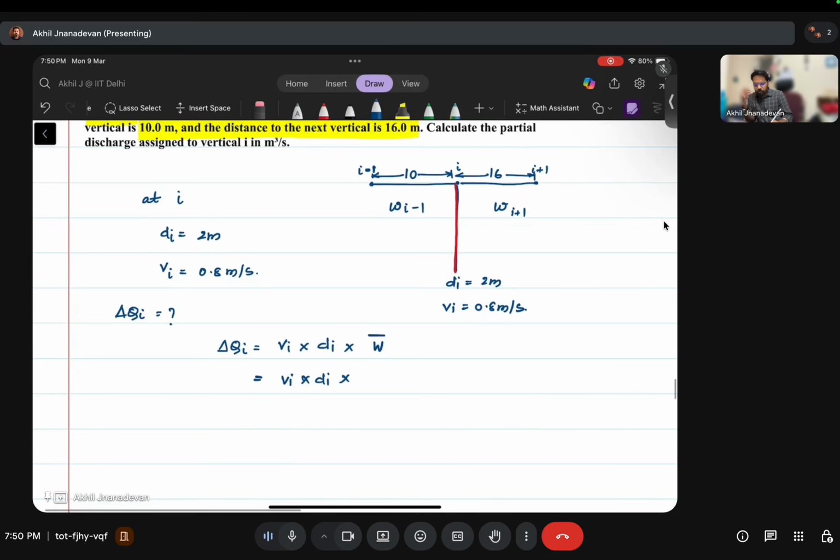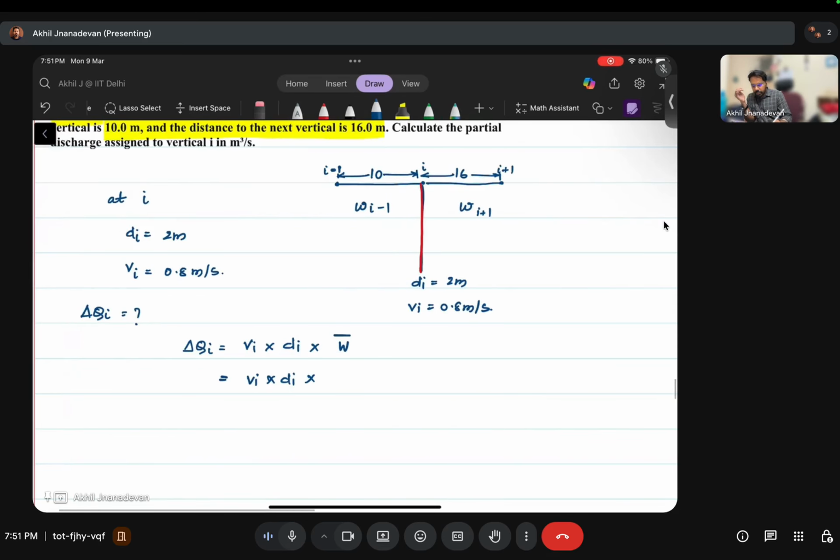No, the resultant width will be 10 minus 16 by 2, so that will be 10 by 2 minus 16 by 2, right? So this particular width, 10 by 2 and 16 by 2, is 5 and 8, that will be equal to Wi plus 1 minus Wi minus 1 by 2.